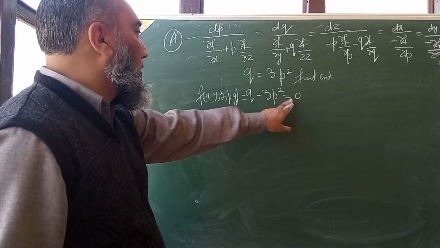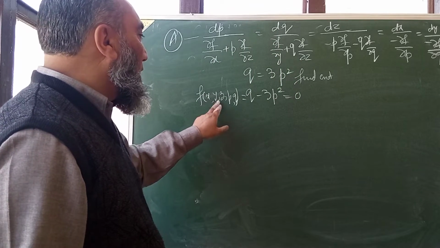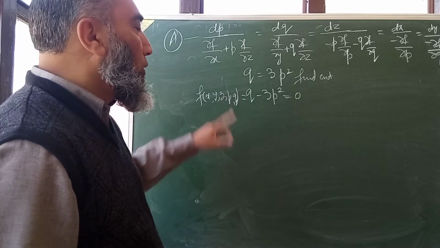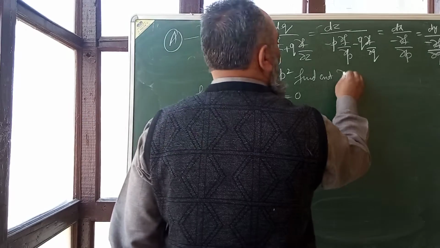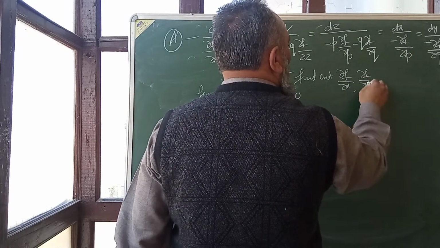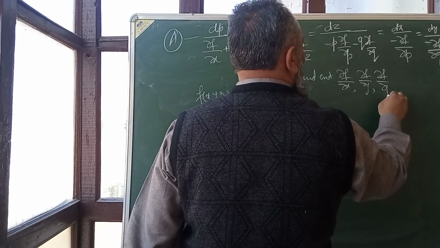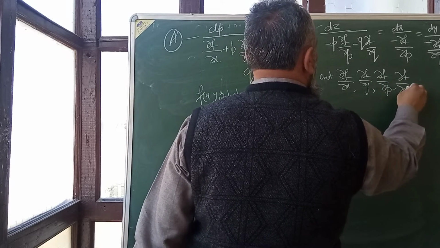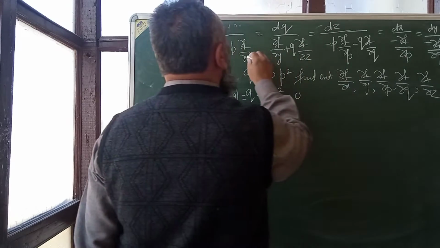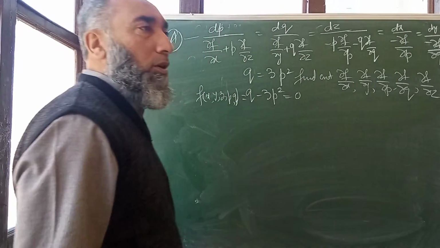So this is equal to 0, while x, y, z are not present there. So you can find out del f by del x, del f by del y, del f by del p, del f by del q, del f by del z, because all these things you need in this a.